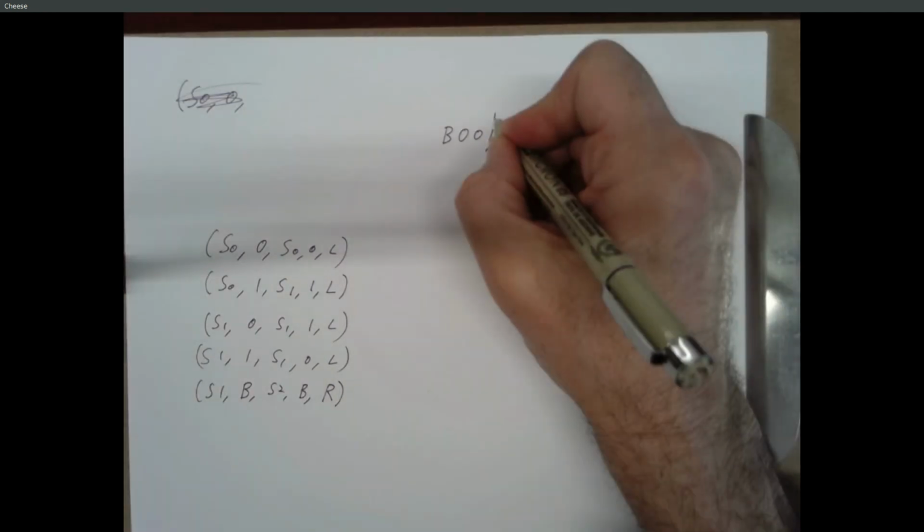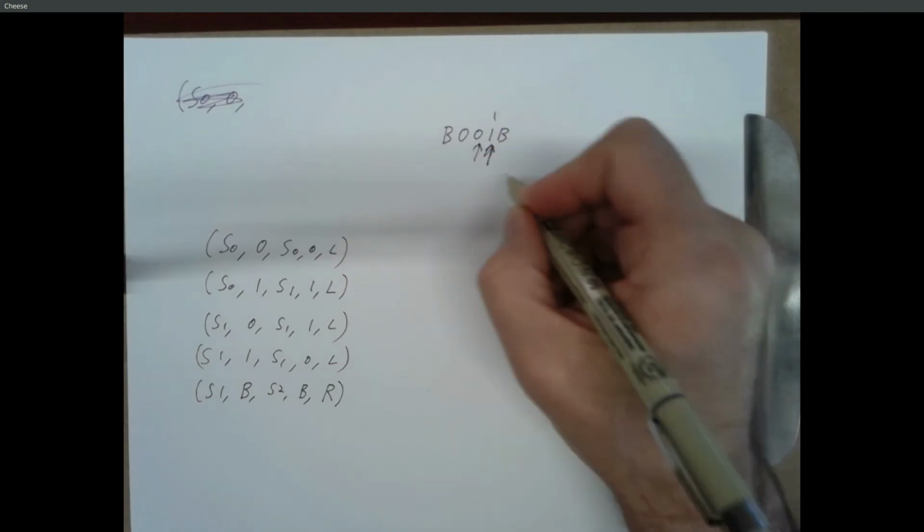So suppose there's blanks on either end. Suppose we're sitting right on top of that 1, and we're going to start in S0. So what is this going to do? Move us to state 1, write a 1, move left. Okay, it's going to write a 1, it's going to move left, and we're going to be in state S1. We're going to stay in S1, write a 1, move left.